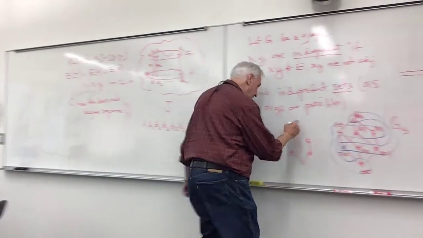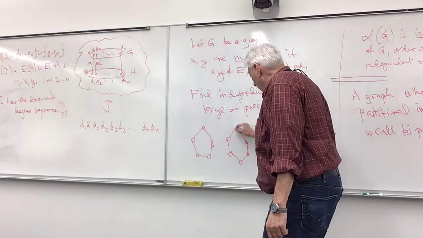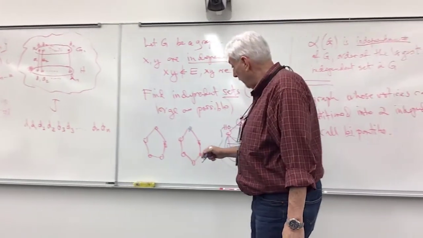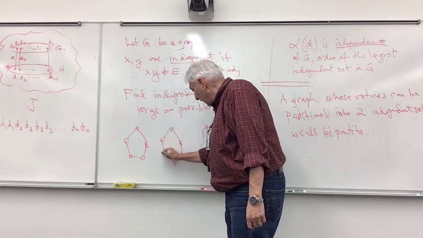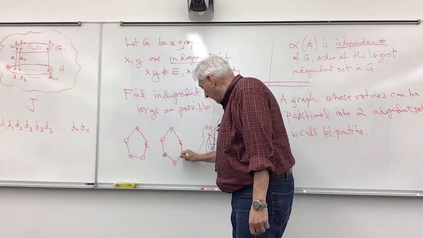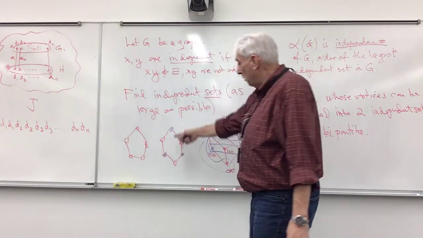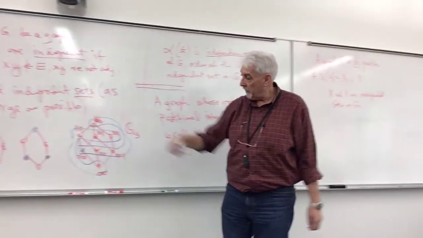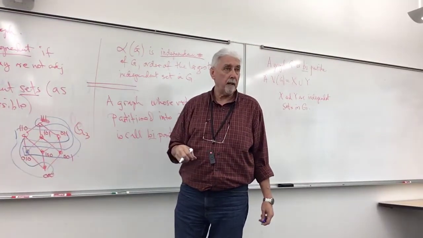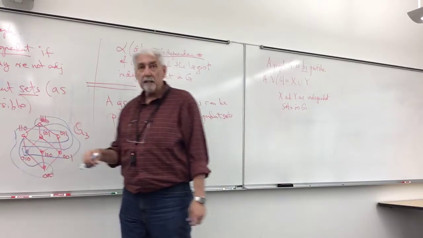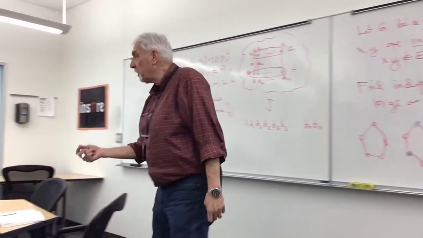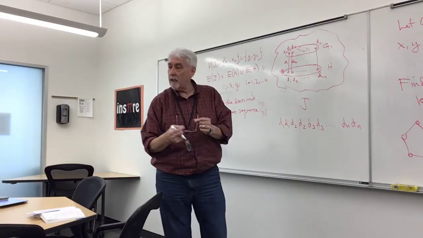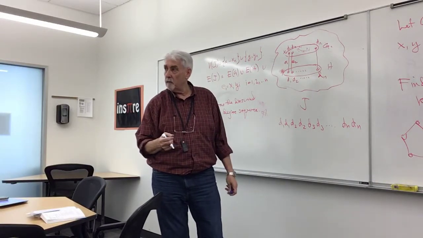I'm going to pick a vertex, skip one. Okay, so the blue are independent, and the non-blue, notice, are independent. What about C7? No. You can't do the same thing. C7 is not bipartite.